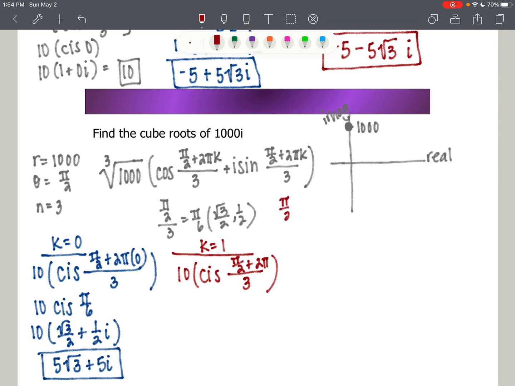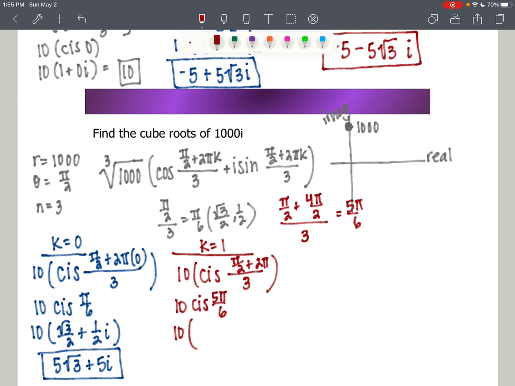So pi over 2 plus 2 pi is going to be 5 pi over 2, all divided by 3, which will be 5 pi over 6. So the better you are with fractions, the easier that part will be. Otherwise, just allow yourself the time to find a common denominator and actually do the division, and you'll come up with 5 pi over 6 as well.